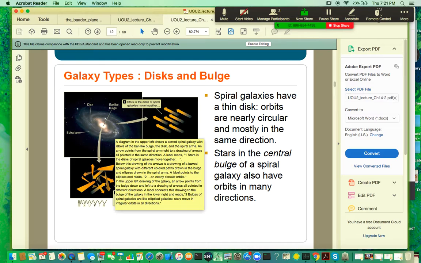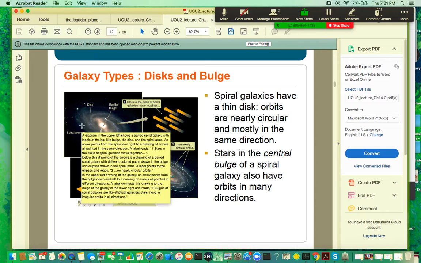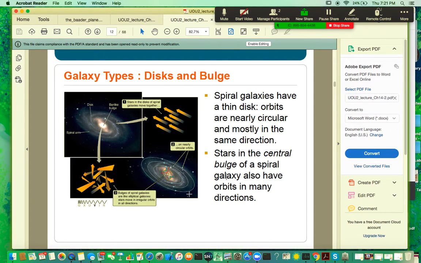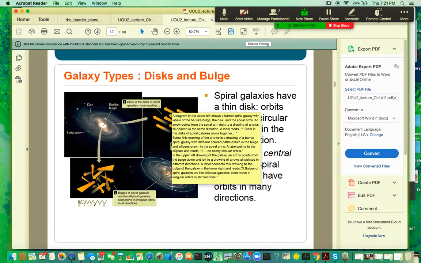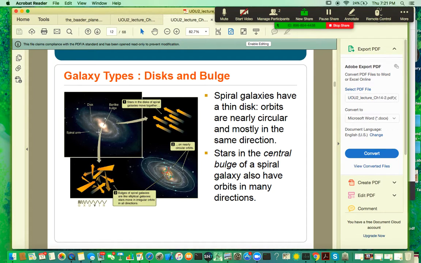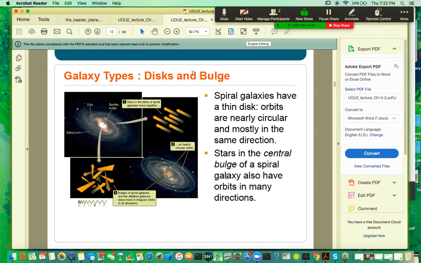So the bulge is smaller in volume or in dimension than the spiral disk itself, but you can see spiral galaxies in which the bulge itself seems to have a volume or a dimension that is comparable with the galactic disk itself. So spiral galaxies are classified as SA, SB, and SC galaxy.